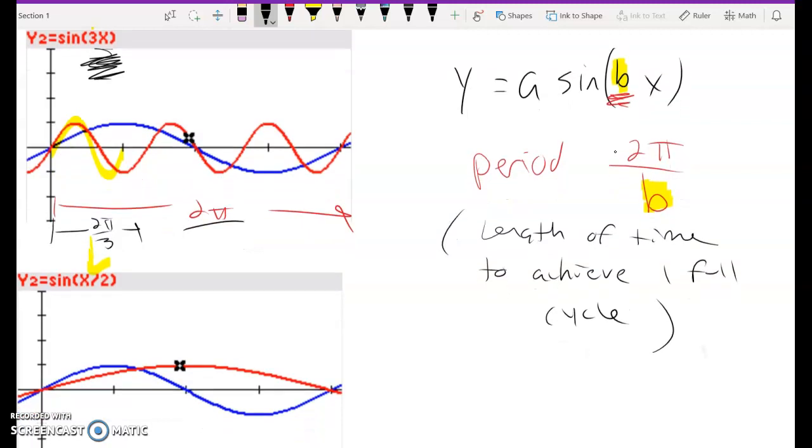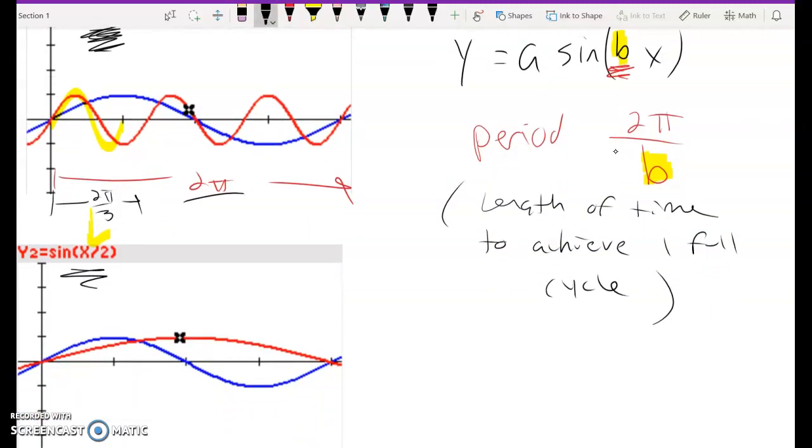Okay? Same thing happens here with sine of x over 2, right? We're looking at 0 to 2 pi here, that's the interval we're looking at, which is the period for the sine of x. But when we have a b in front of the x, an x coefficient, in this case it's 1/2, we have half of a cycle we're looking at, right? So to achieve a full cycle, right, there's now a full cycle of what would be the sine of x over 2.